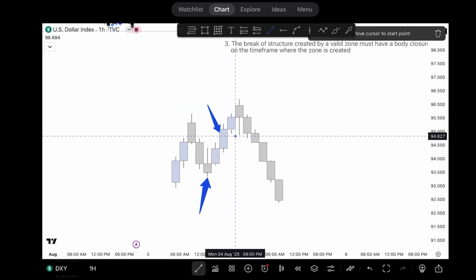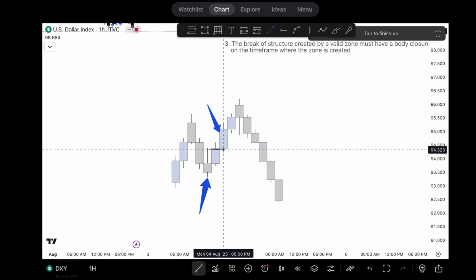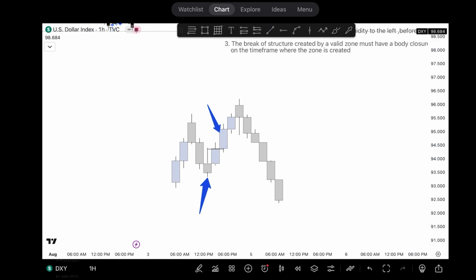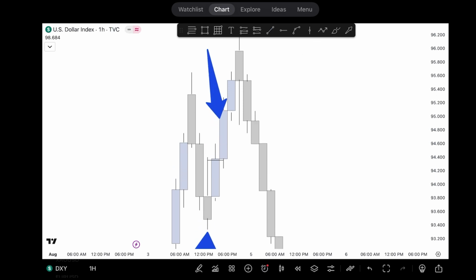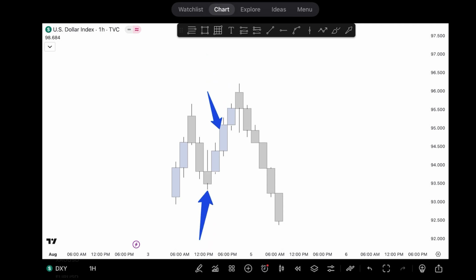If you notice, look at this. Can you see it has been mitigated? So first off, that demand zone is invalid, right? It is not valid.